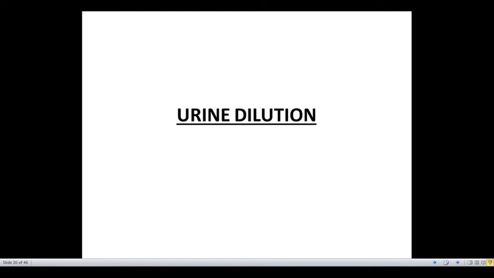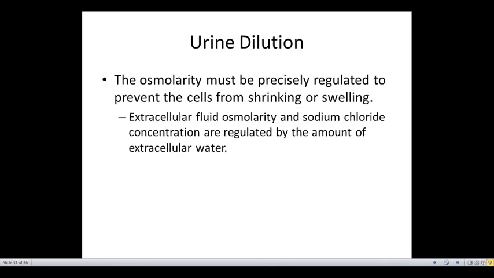Now let's study our second topic of today's lecture, which is urine dilution. The osmolarity must be precisely regulated to prevent the cells from shrinking or swelling. We know this fact from our previous knowledge.